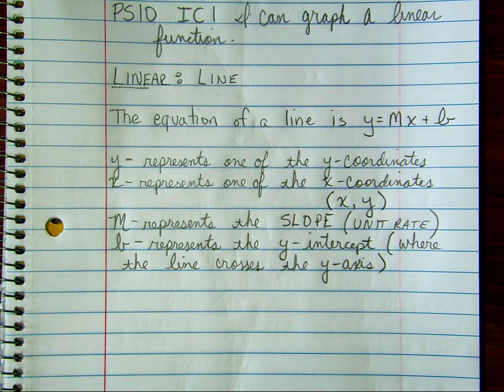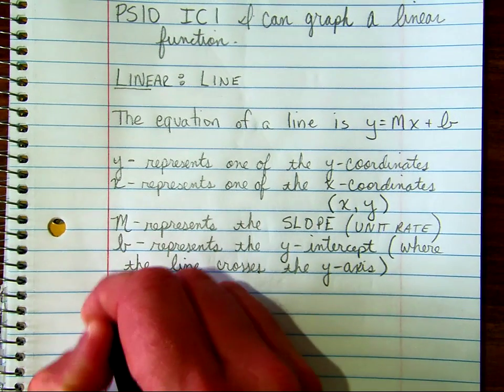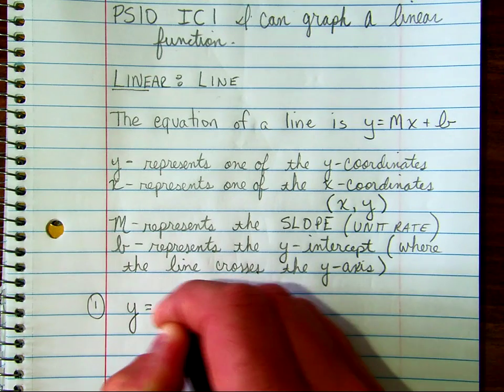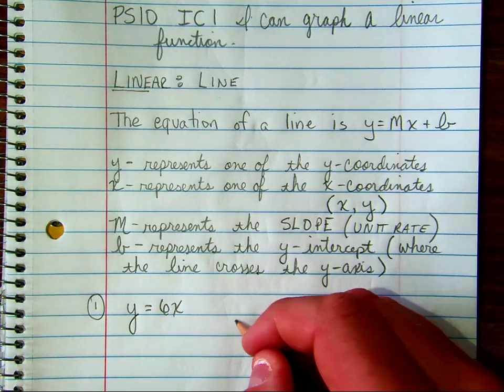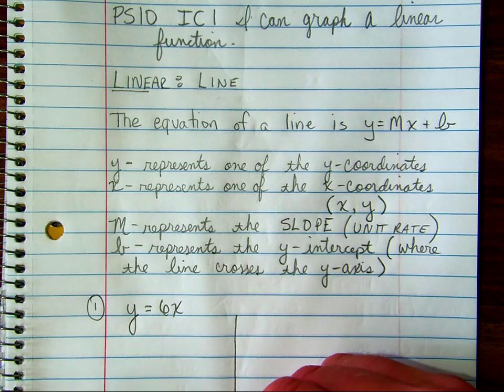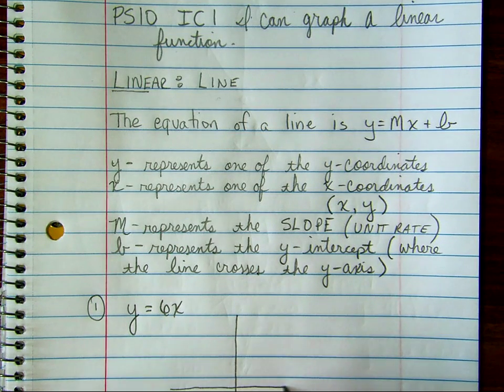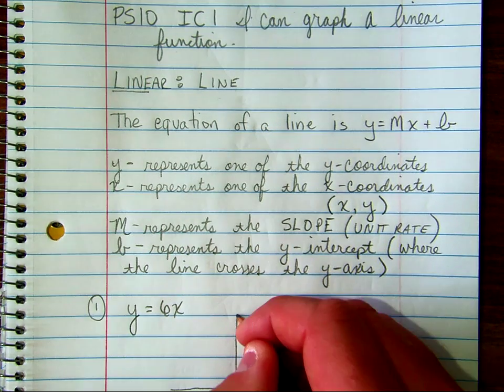So we're talking about the x-coordinates, the y-coordinates. We're talking about the x-axis and the y-axis. We're actually talking about a coordinate plane. All of these equations will be graphed on a coordinate plane.